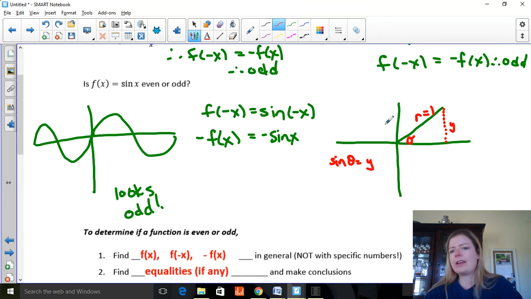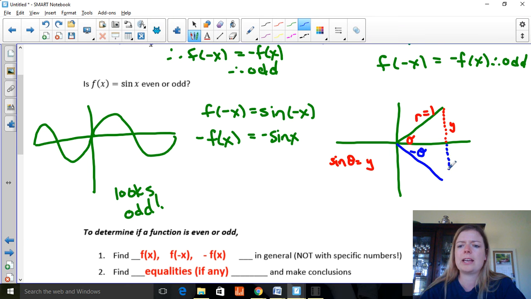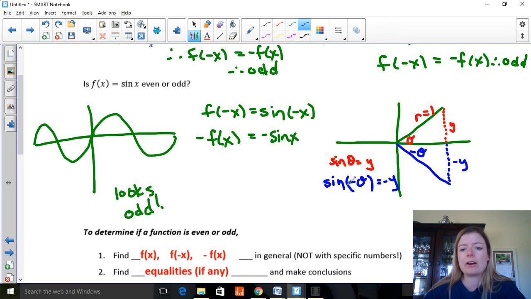So if we take the sine of negative theta, remember to go negative, you just go in the other direction, we would get, because r would still be the same length, we would just get minus y. So sine of negative theta is equal to minus y, which is exactly fulfilling what an odd function is. So this is saying that f at negative theta is equal to negative f at theta. So therefore, it's odd. But you kind of have to show it on the Cartesian plane.